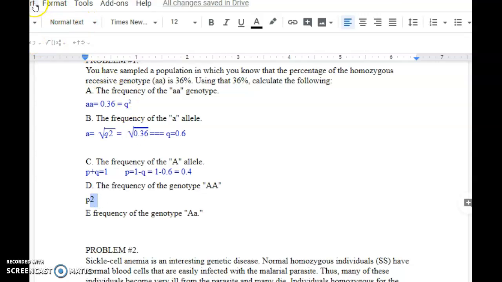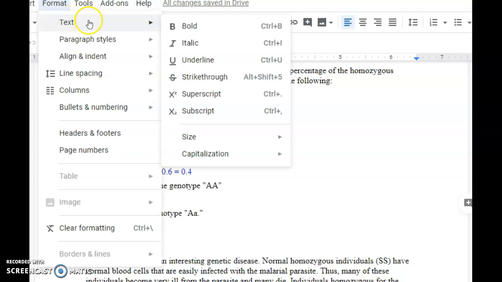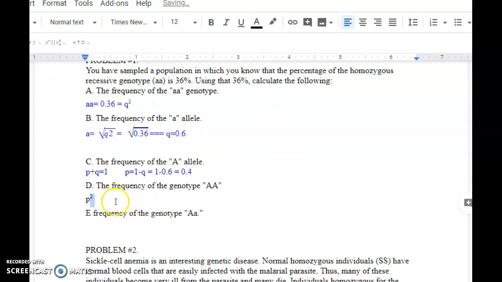So P squared equals 0.4 squared, which is going to equal 0.16.